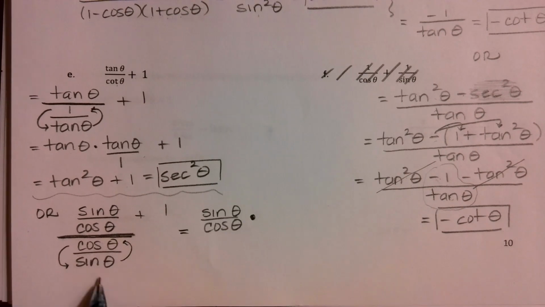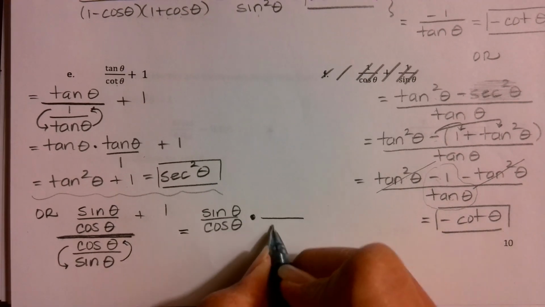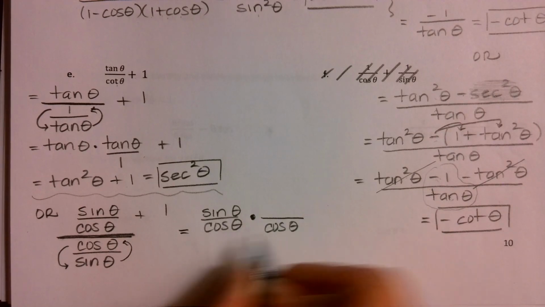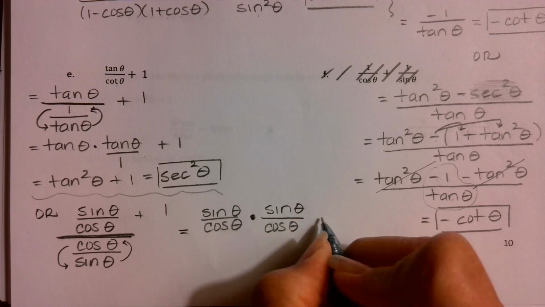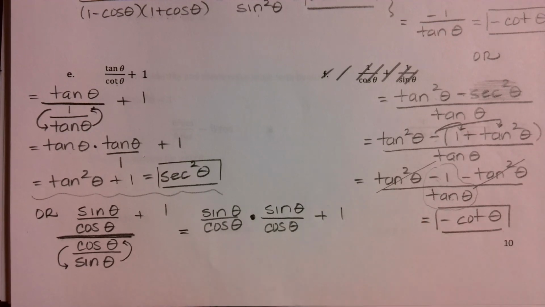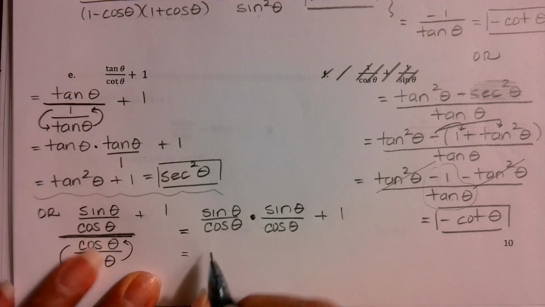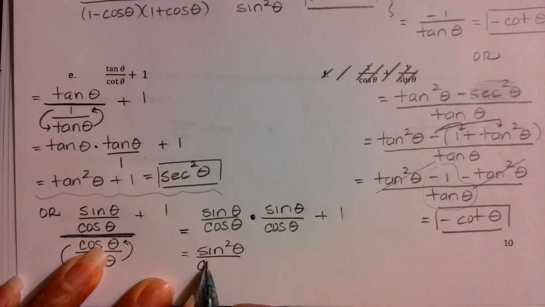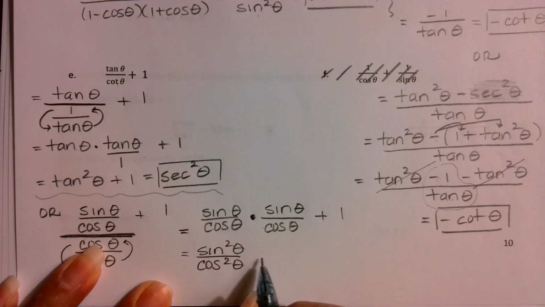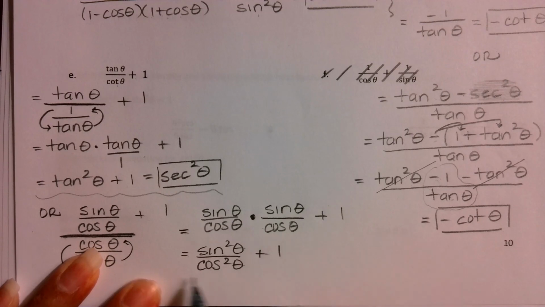This belongs now in the denominator, and that belongs in the numerator. Bring over the plus 1. That ends up being sine squared over cosine squared. And you'll see it's a little longer of a process, but what's important is that you arrive at the final answer.